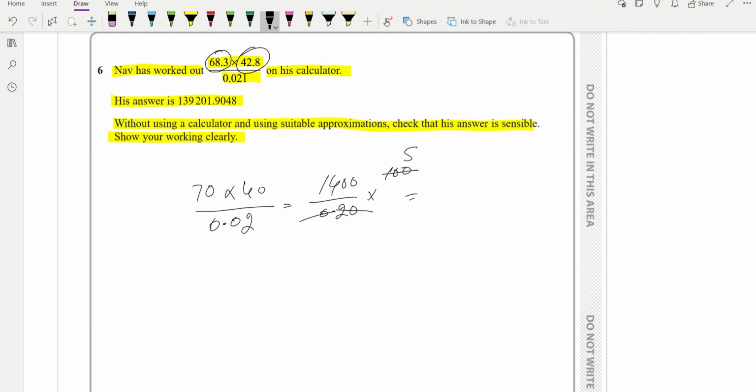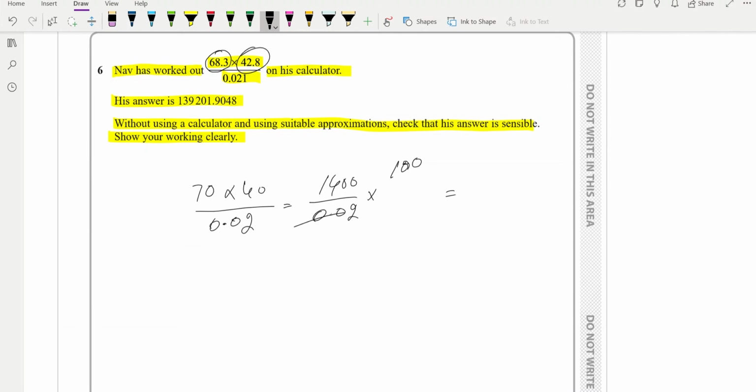What we can do, instead of this one we will write 0.02, and this will be multiplied by 100, and this decimal is gone because we have multiplied by 100.